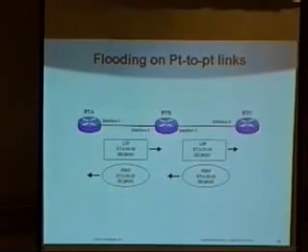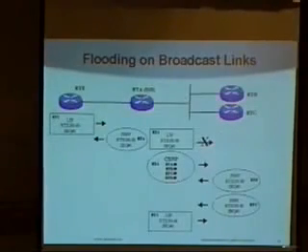On the other side, though, router B has to forward this because it's a flooding mechanism, and everybody in the area has to see the LSP. Router B has to flood it out of interface 3 to router C. So router C gets the same LSP, nothing is changed on it, and then sends an ACK back to router B. Right, so that's how you achieve reliability in flooding over point-to-point links.